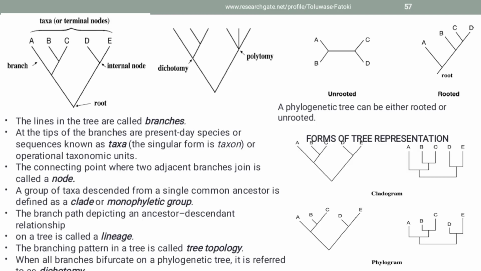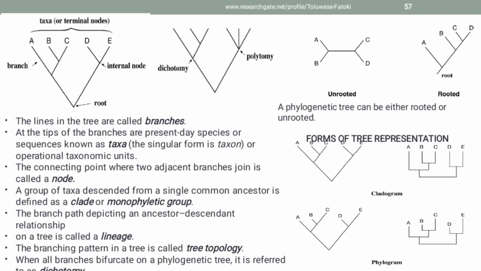The tip at the end of each branch is called a terminal. When a particular branch divides into two segments, we call that point a dichotomy. But when it gives rise to three or more branches from a single branch, then we call that a polytomy.